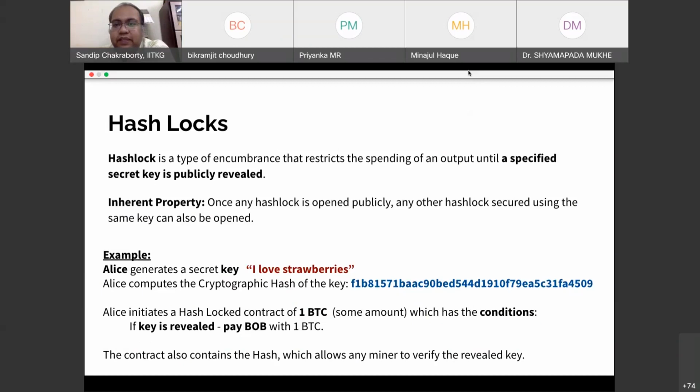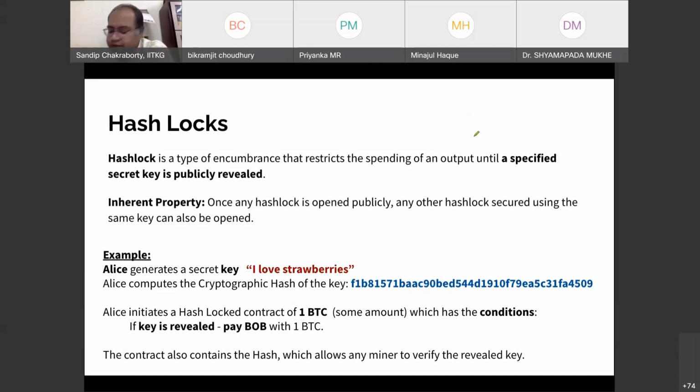So the example says that say Alice generates a secret key, "I love strawberries." Okay. Now once Alice generates this secret key, Alice computes the cryptographic hash of this key, which is this large number.